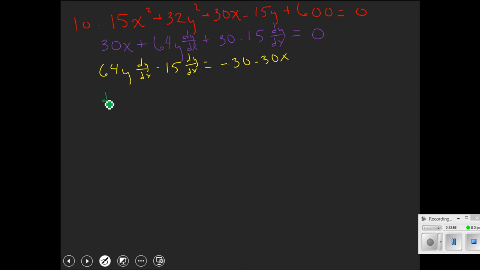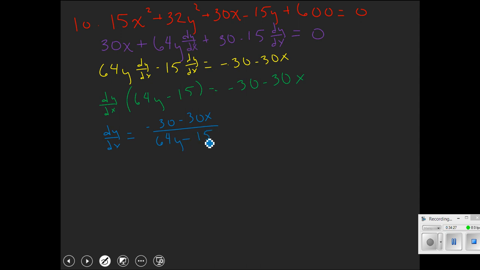So we have dy/dx times (64y minus 15) equals negative 30 minus 30x. And then, of course, we have to divide. So we get dy/dx equals (negative 30 minus 30x) over (64y minus 15).